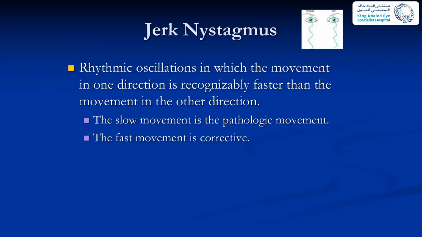The slow movement is usually the pathological movement, while the fast phase is the corrective or normal phase. But usually we name it after the fast phase, jerk nystagmus to the left or to the right, because it is easier to see.